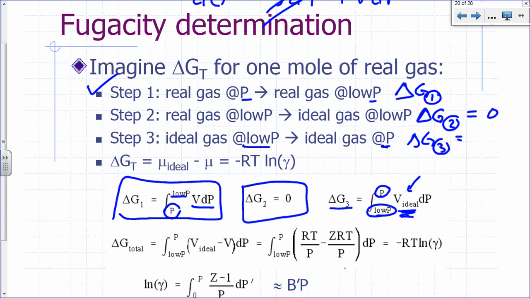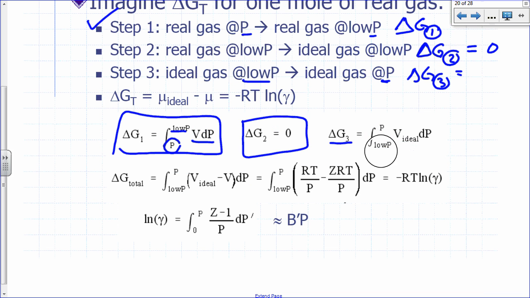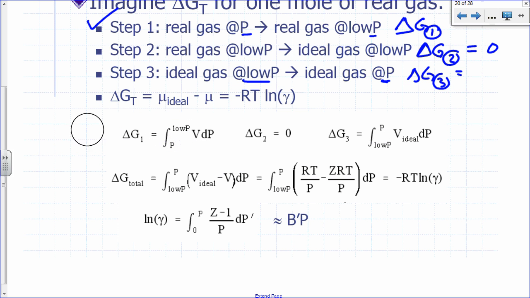You add this up, and you can combine the two integrals. But to be able to do this, I have to switch the limits for this first one, so that they will have the same limits from low P to whatever the pressure we're interested in.